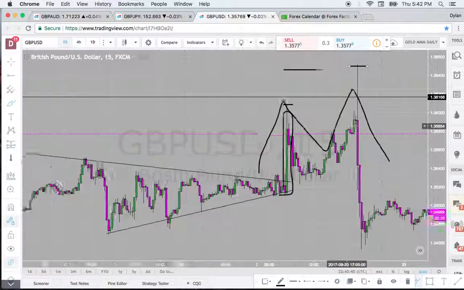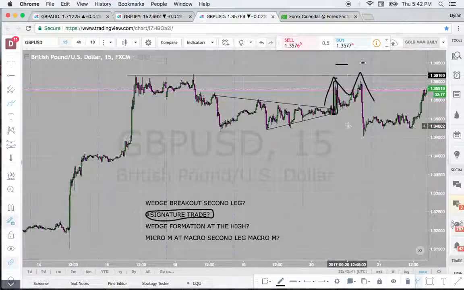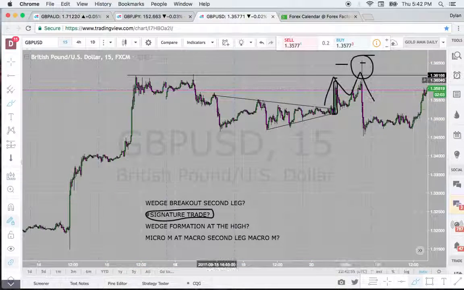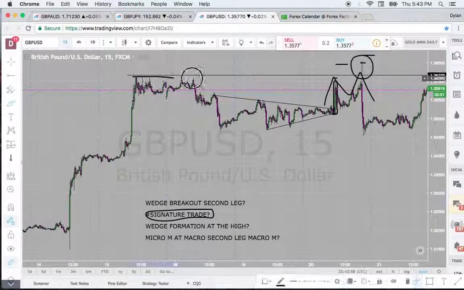But if we look at the bigger picture, this stop hunt was stop hunting the first leg of the macro M. You understand that? So there's stop losses up here that need to be hit.